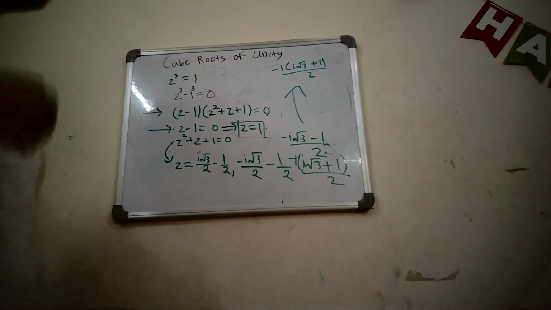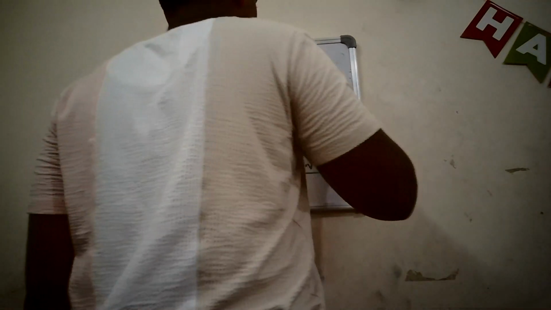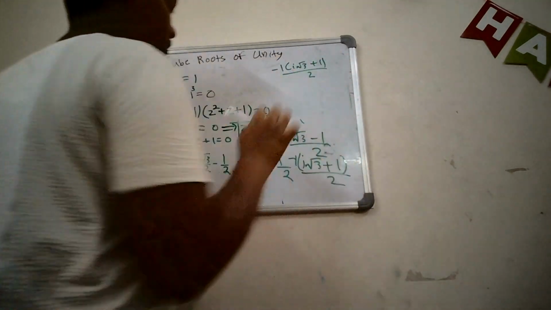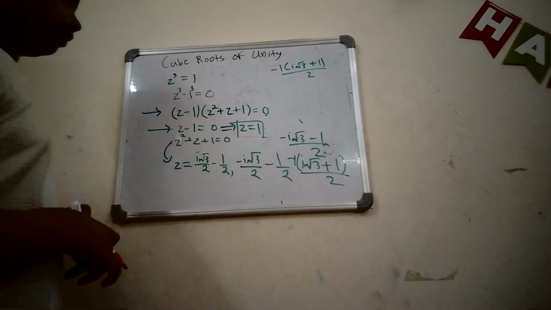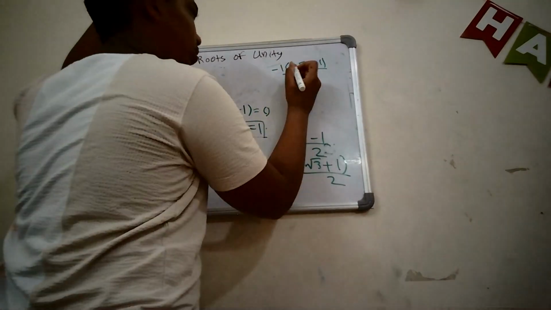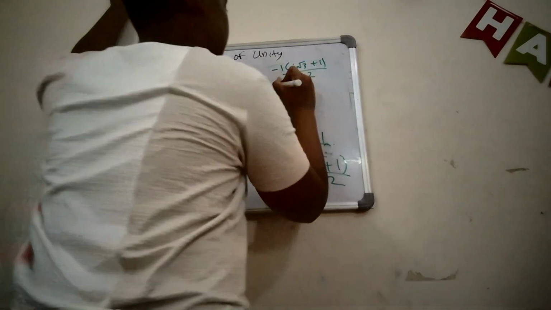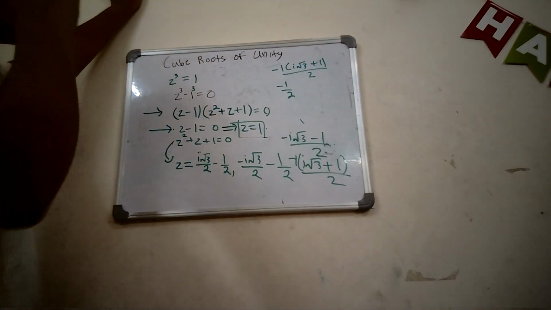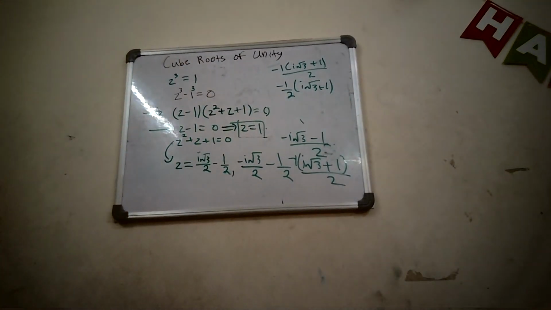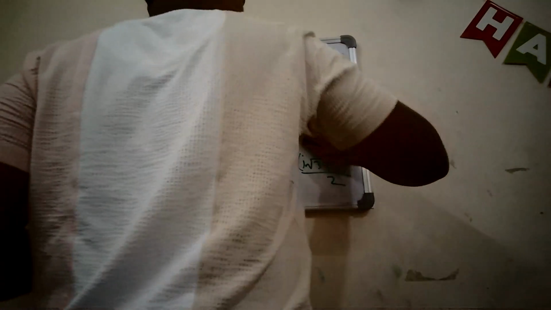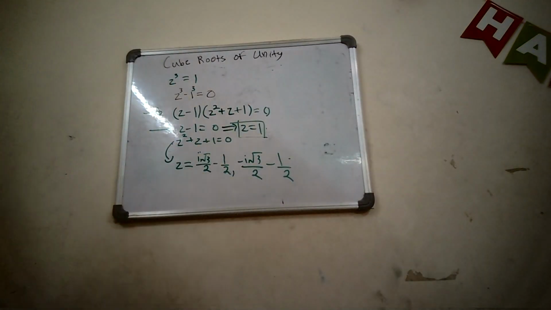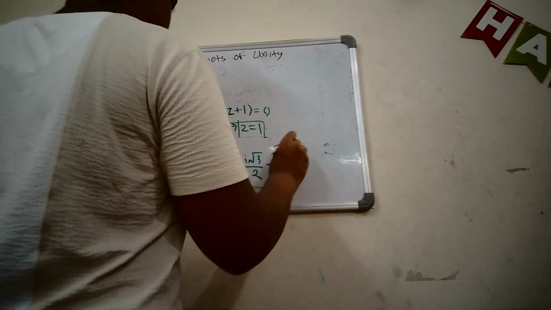Okay, well, we can write this as negative 1 upon 2 times this: i times root 3 plus 1. Basically, these are the roots.